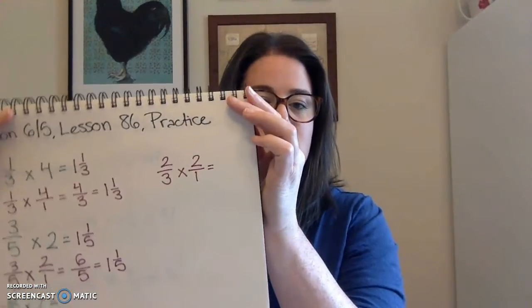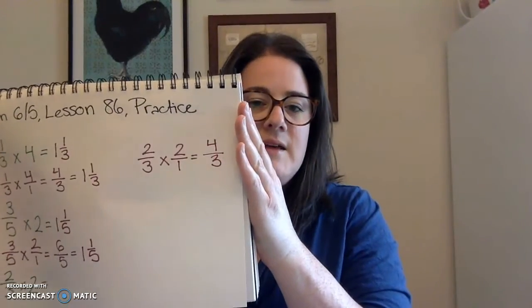C asks me for 2/3 times 2. So I'm going to do the exact same thing, only I'm running out of paper, so I'm going to do it over here. 2/3 stays the same. I'm going to multiply that by 2 as a fraction, which means 2 over 1. So that's my new problem. I multiply my numerators. 2 times 2 gives me 4.